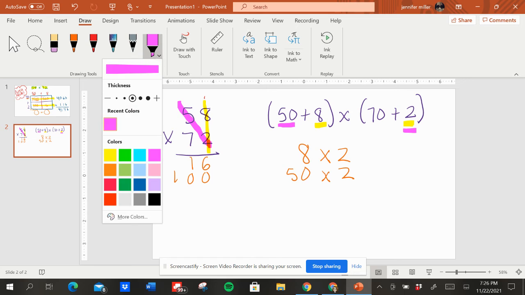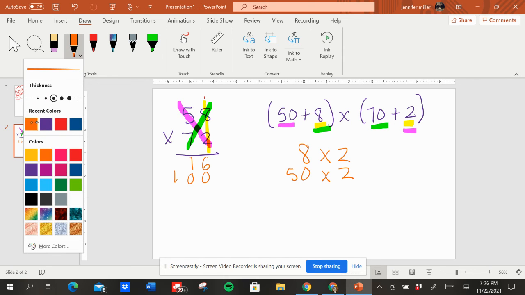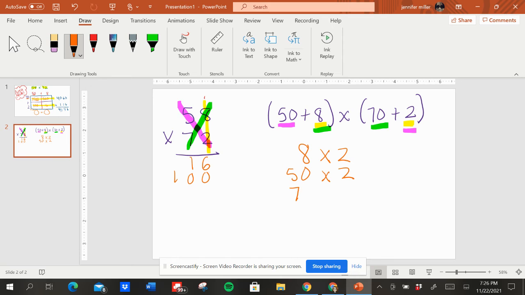I'm then going to take my 7, and remember that's in a 10 spot, so that's 70. And I'm going to do 70 times 8. So I'm looking here at 70 times 8. And again, I remember 7 times 8 is 56, and since it's 7 tens times 8, my answer is going to show 56 tens, or 560.